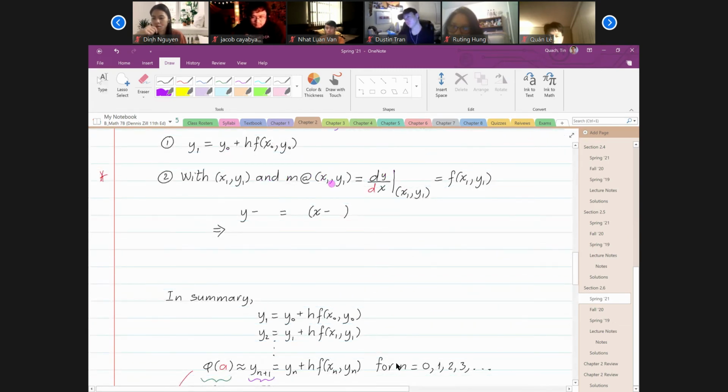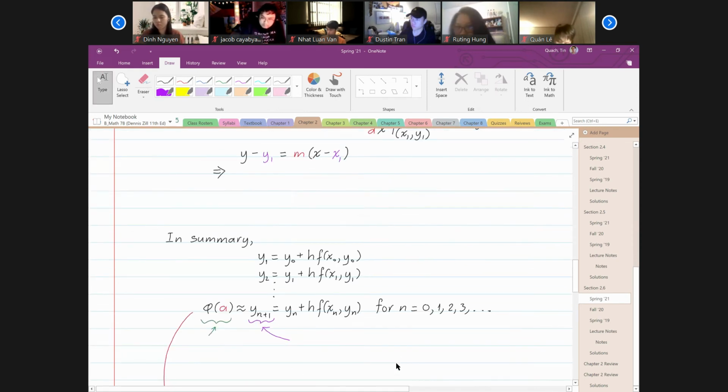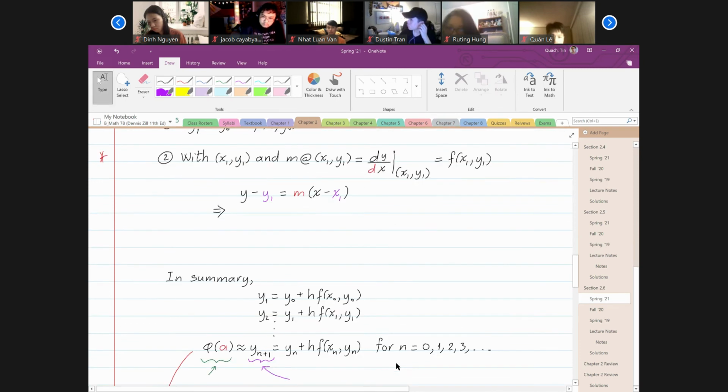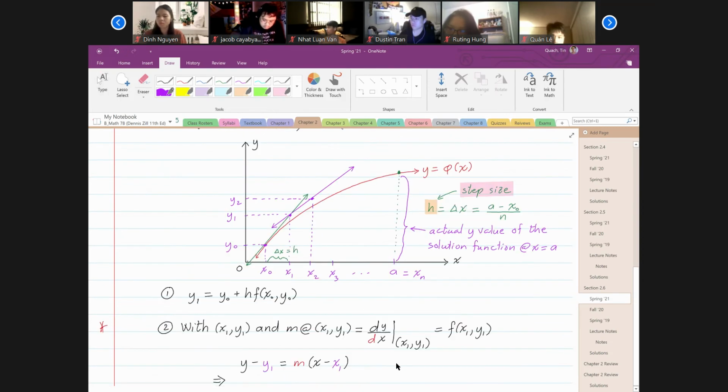So you have a point and you have the slope, so you can write the equation. The equation is y minus y1 equals m times x minus x1, where the slope is m. Now our next objective is to find out y sub 2, right?